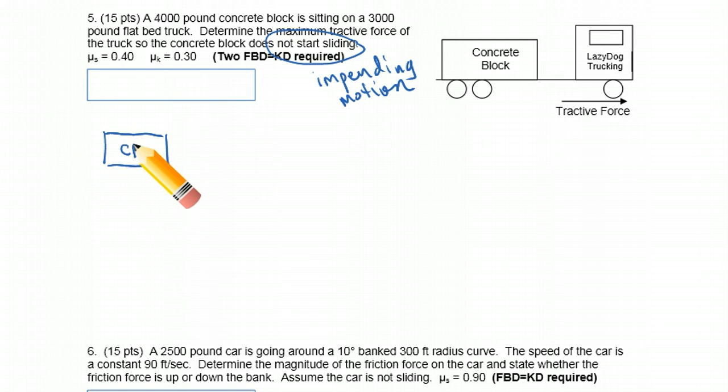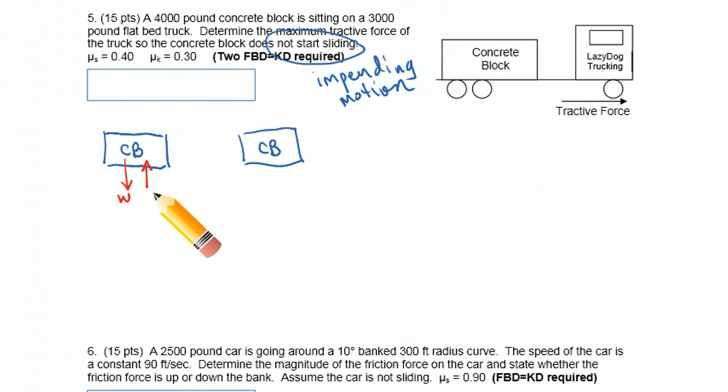Alright, so here's the concrete block isolated, free body and kinetic diagram. The forces on this are obviously the weight, the normal force, and it's a 4,000 pound block. What is accelerating the concrete block?